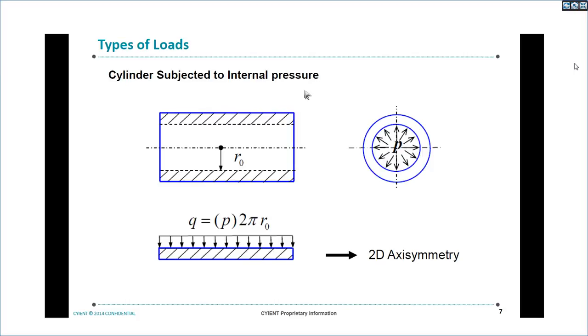A cylinder is subjected to internal pressure. Here we need to apply the pressure inside. This is for a 3D model. If you would like to consider only a 2D model, we can take this section.